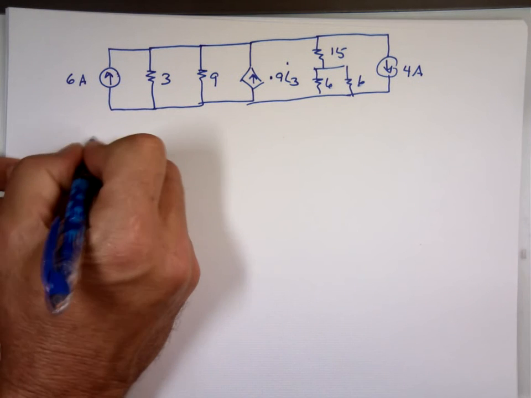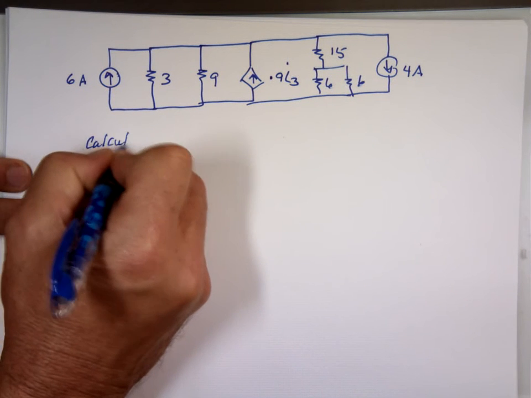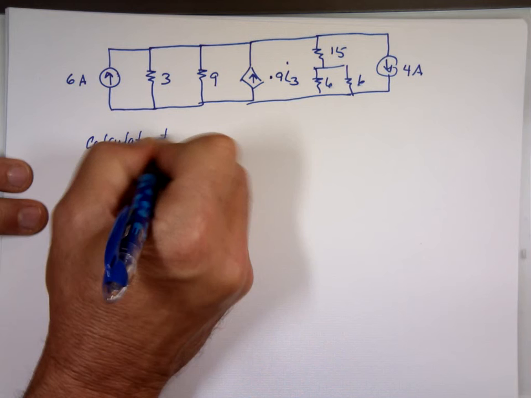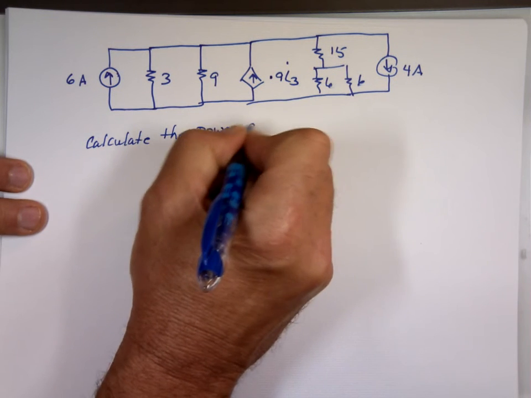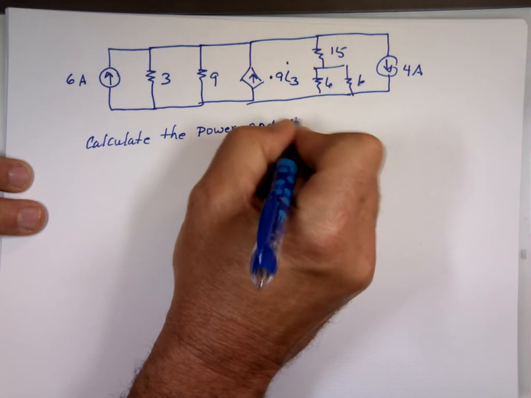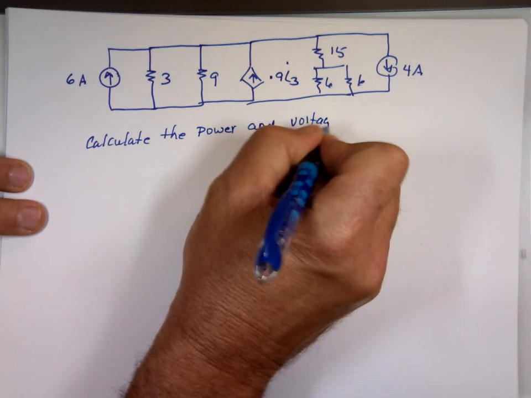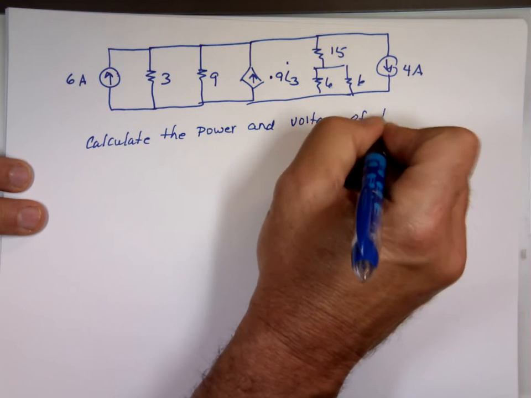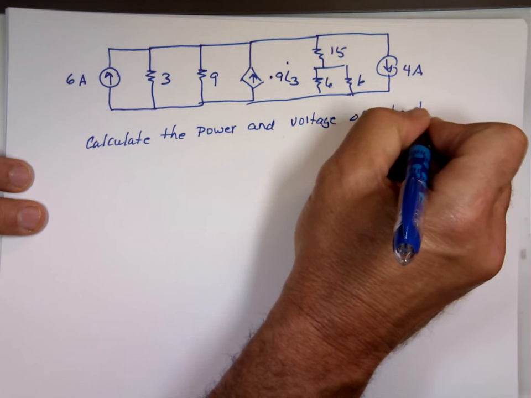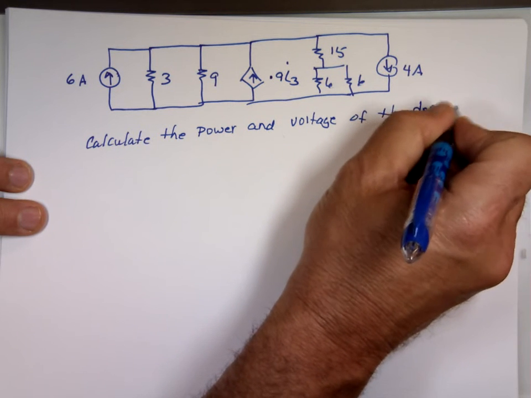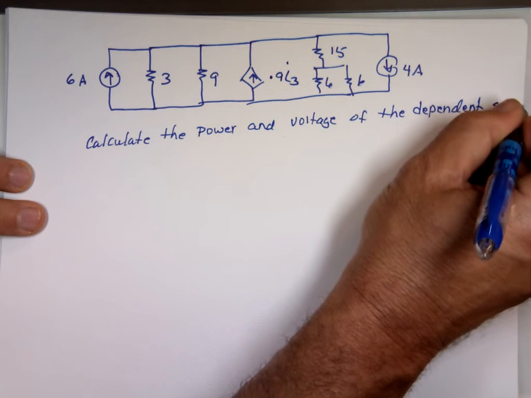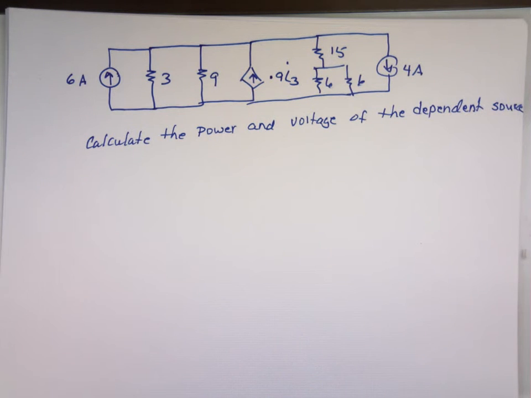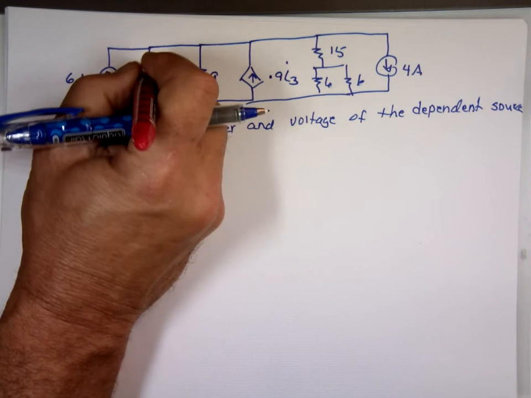Calculate the power and voltage of the dependent source. The one thing I forgot to tell you is which one is I sub 3. This is I sub 3, this current.